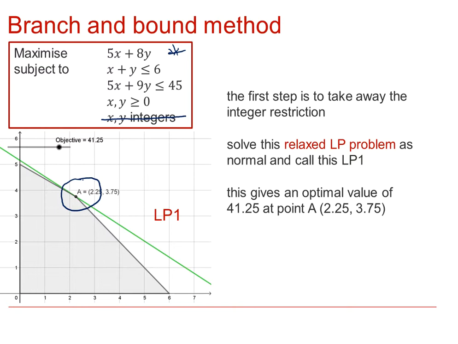Because we have relaxed one of the conditions, this is not a valid solution to the original problem. And as we move away from the LP1 solution, we must make sure we stay in the feasible region. Note that the green line is an objective function line and passes out of the feasible region at A.